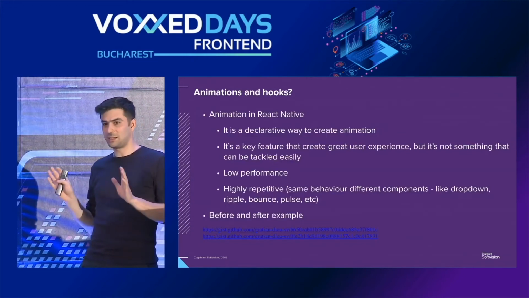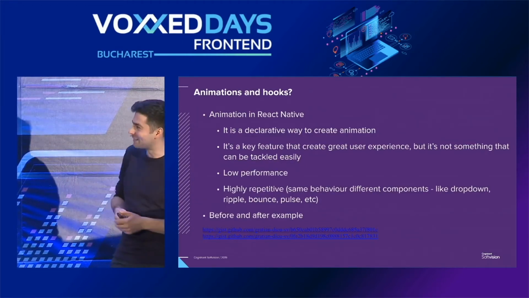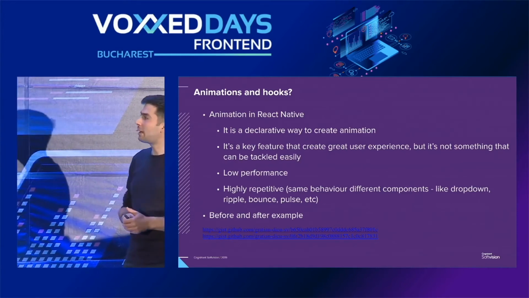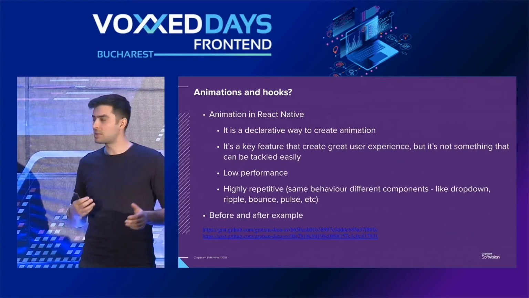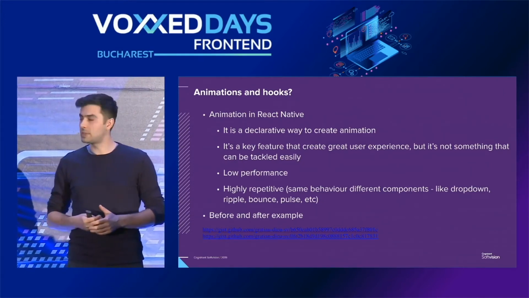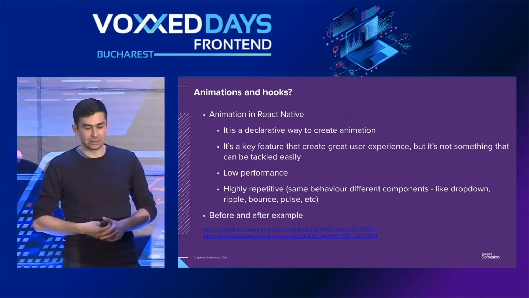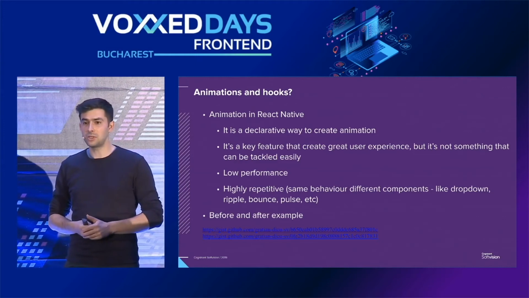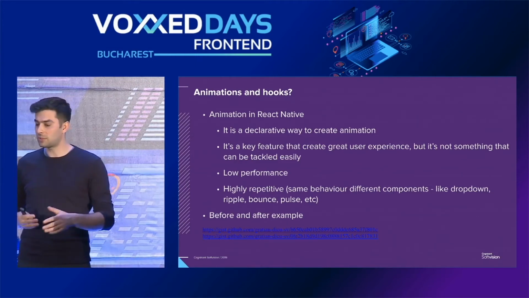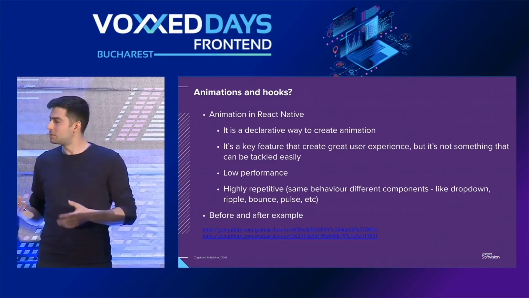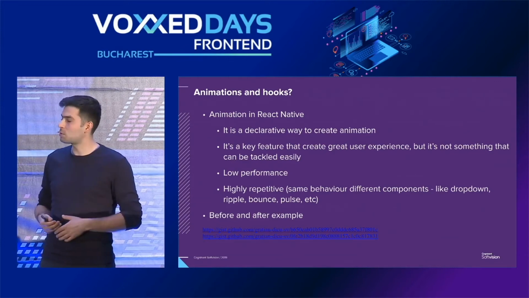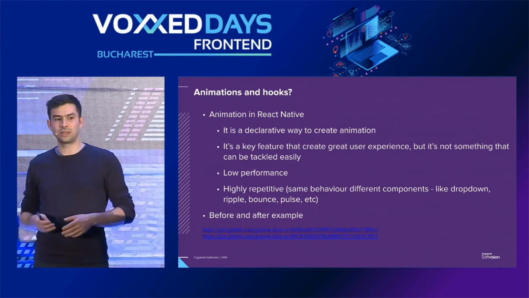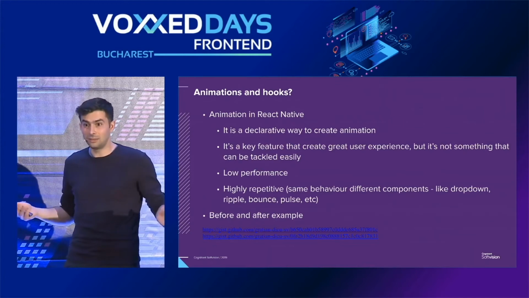So as I said, animations are my favorite part. I like them. They add a great user experience. We like to use them. But every time I start writing an animation, even though I know the structure and have done some animations, I have to open the React Native documentation again and again.